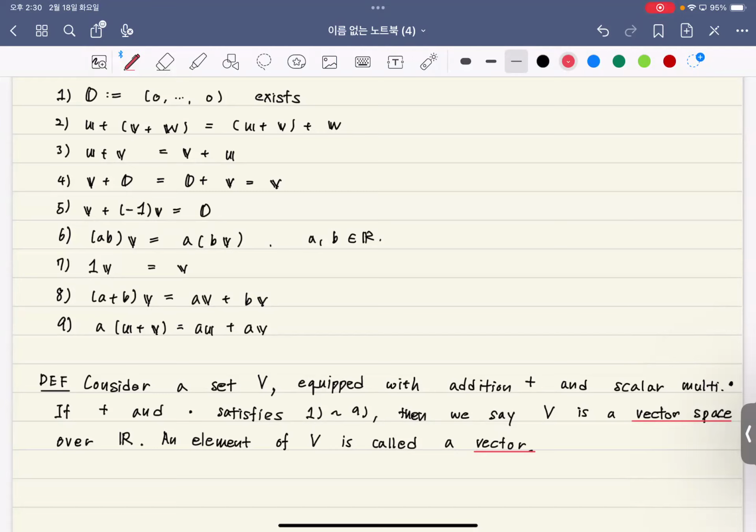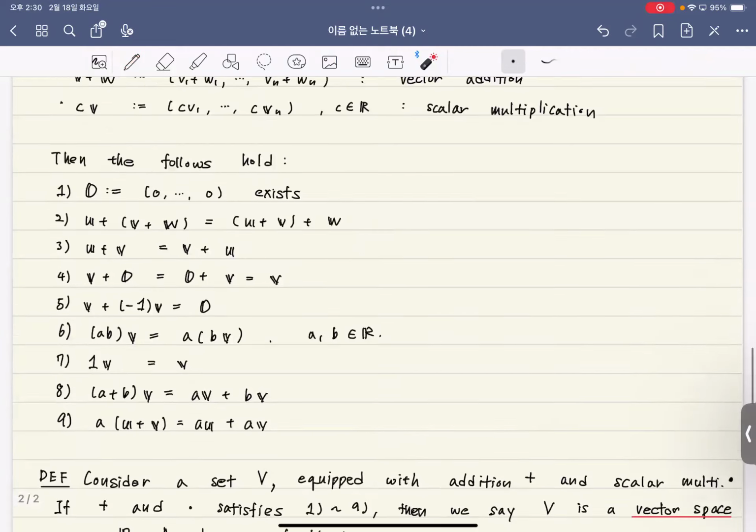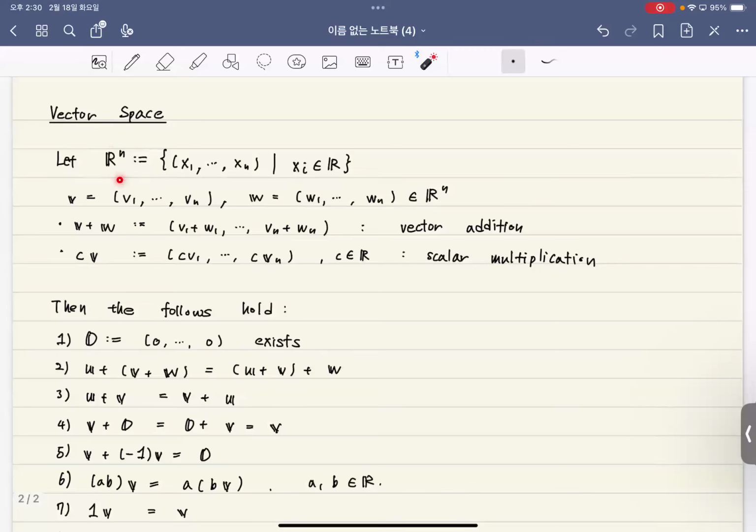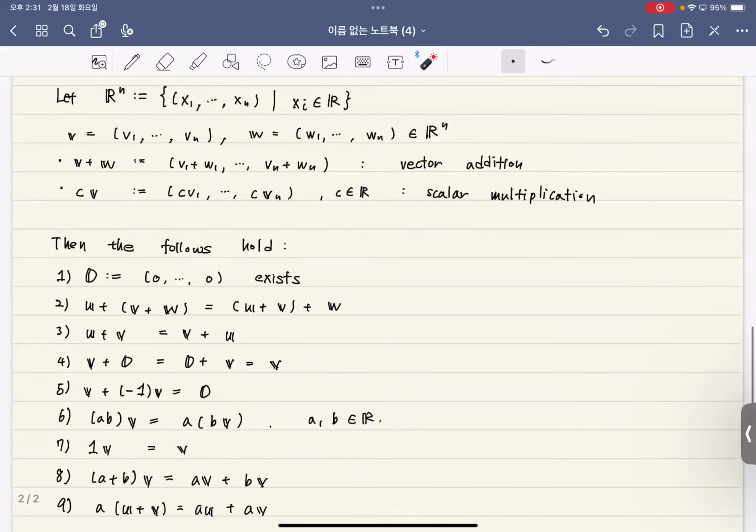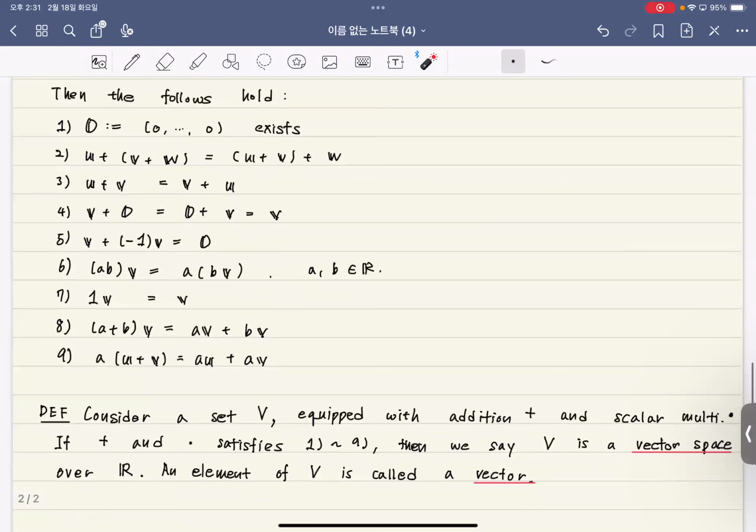So let me try to imagine, what are the examples of a vector space over R? Maybe this is the most important example: R^n, the n-dimensional Euclidean space, is clearly a vector space. And what else? Maybe the set of all real coefficient polynomials of degree less than or equal to n. Is that a vector space? Yeah, that should be a vector space.